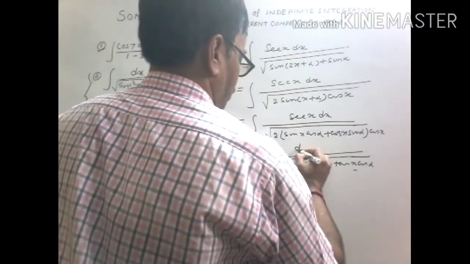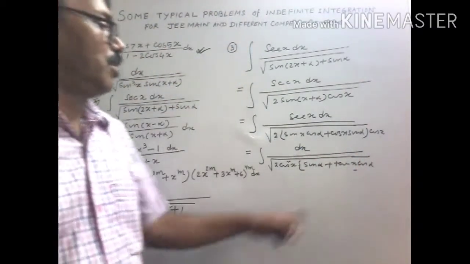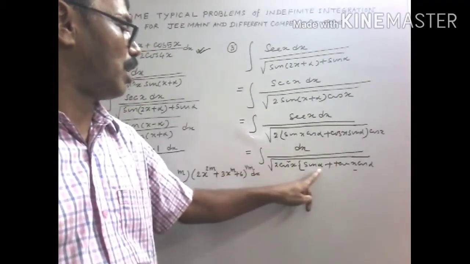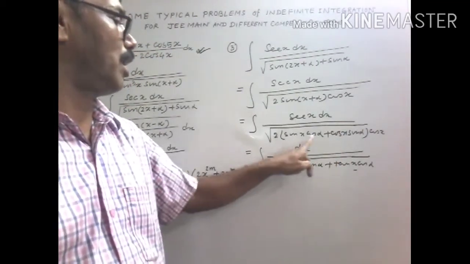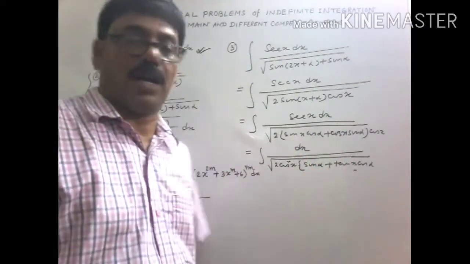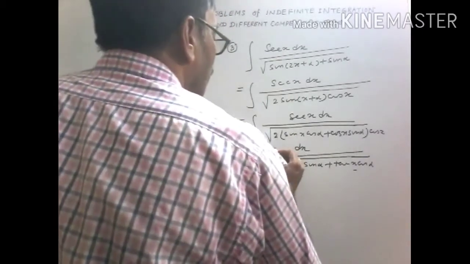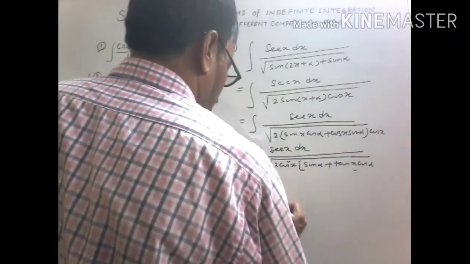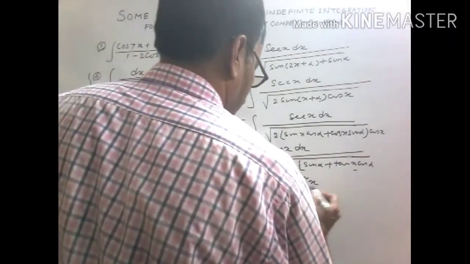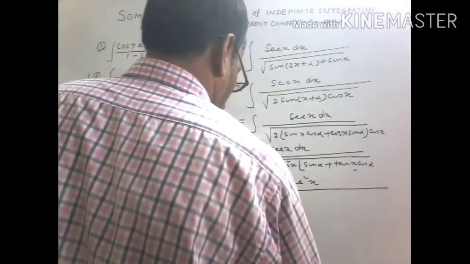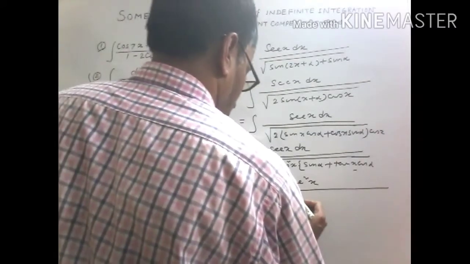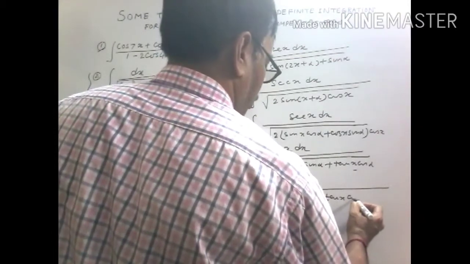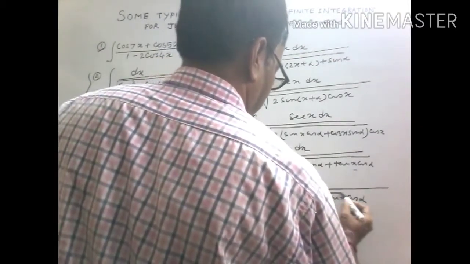Look, this step is important. Cos x is already there and we are taking cos x common, so 2 is common, sin alpha plus tan x cos alpha. Now this is sec x, so with this cos x outside we get sec square x, then 1 by root 2 outside, and sin alpha plus tan x cos alpha within the root.